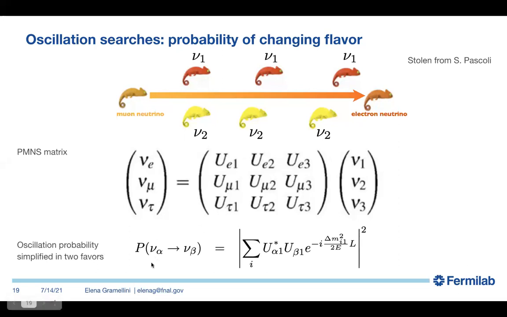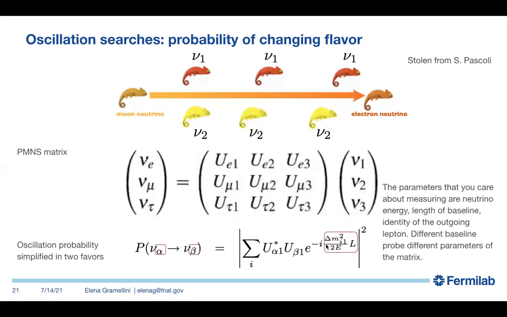So you have your neutrino of a certain flavor, and you're trying to calculate the probability that after it travels a certain length, it has transformed into neutrinos of a different flavor. And you calculate this probability using the PMNS matrix and the parameters that you care about.